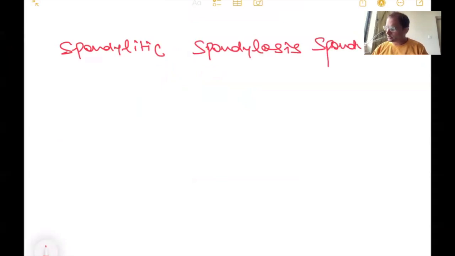Condition two is called spondylosis. Condition three is called spondylolisthesis.